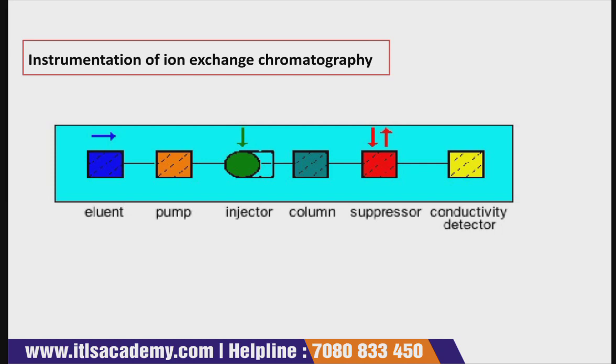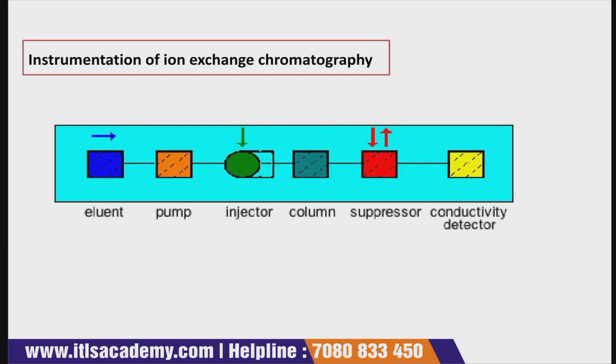The first one is eluent, second is pump, third is injector, then the column, then suppressor, and the last one is conductivity detector.